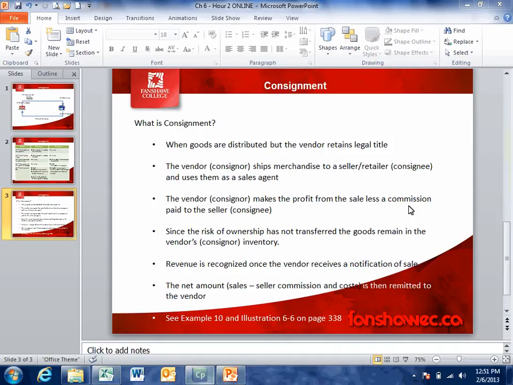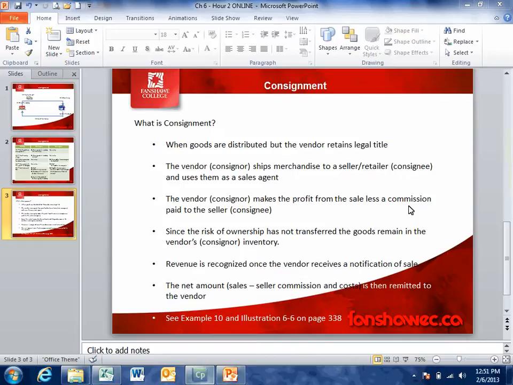So the last slide for consignment is just basically a breakdown, right? Some reminders of some of the key points. So consignment is when a company distributes goods, but the vendor, so the consignor, retains legal title. So in our example, the store in London always owns that inventory, even though it's sitting out in Vancouver. Second point there says that the vendor ships the merchandise to his seller and uses them as a sales agent, right?